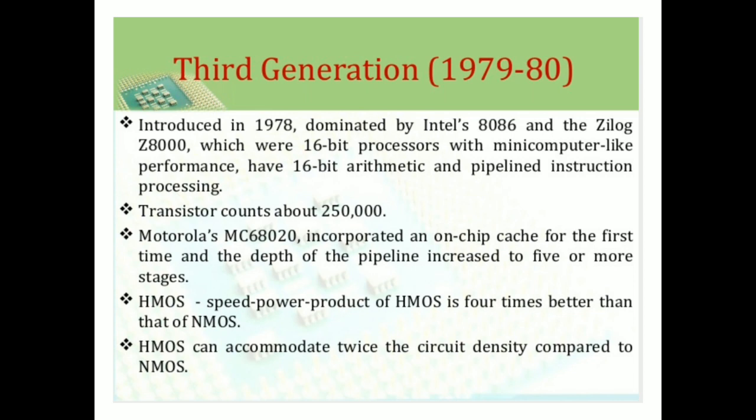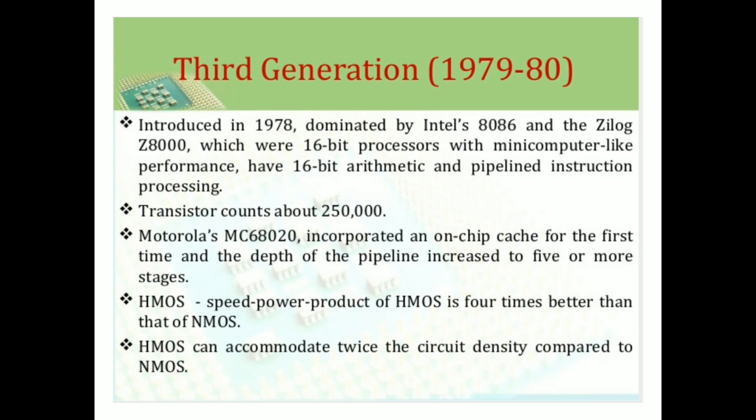These processors had the technology of 16-bit arithmetic and pipelined instruction processing. The third generation came with IC transistor counts of about 250,000.